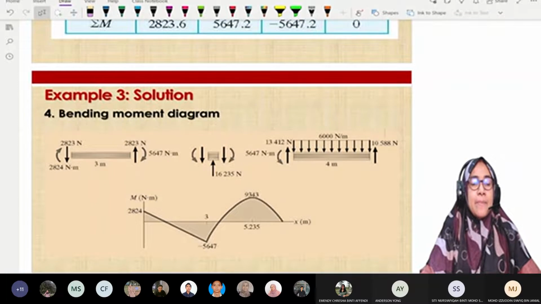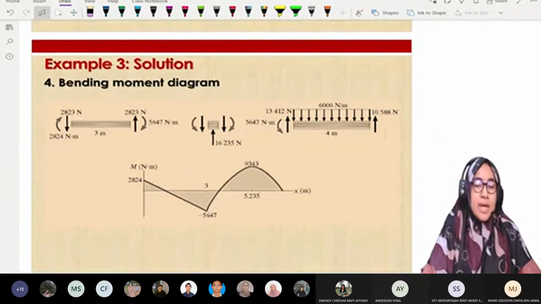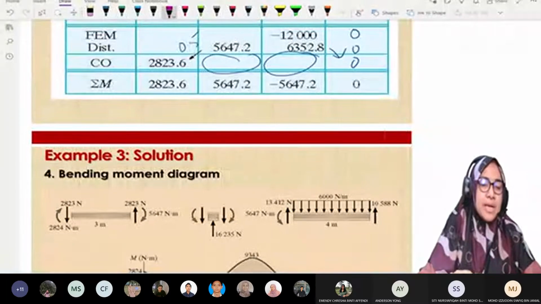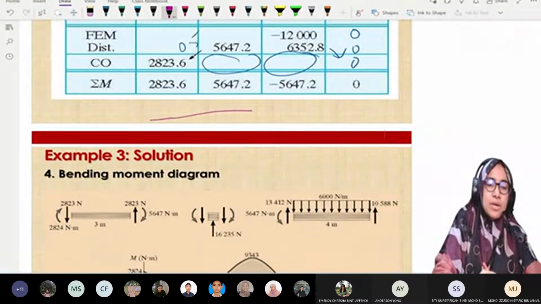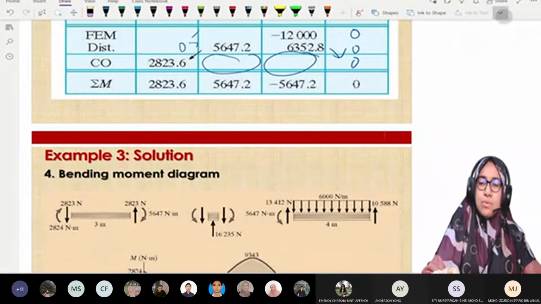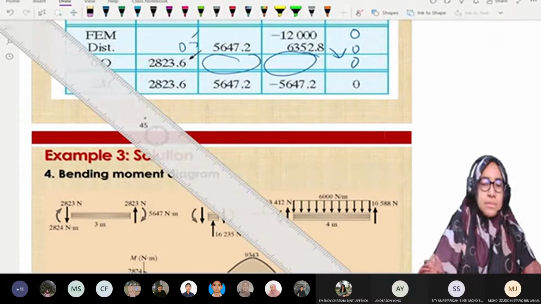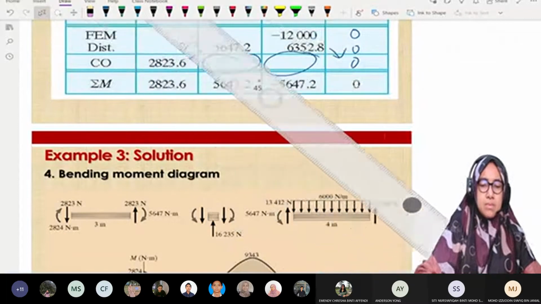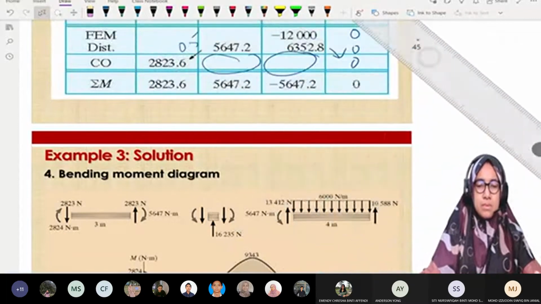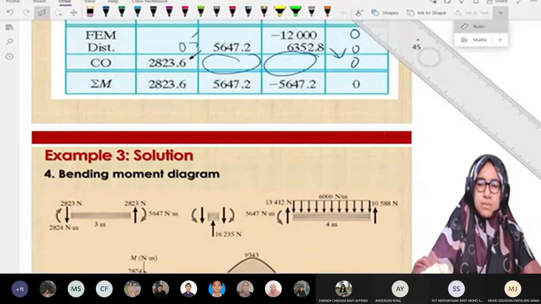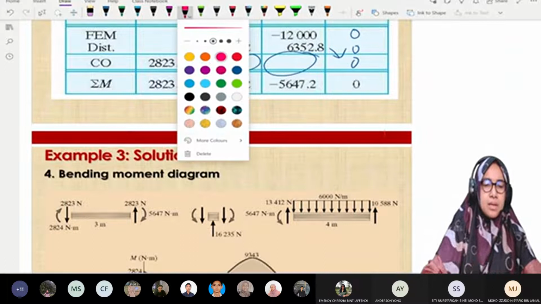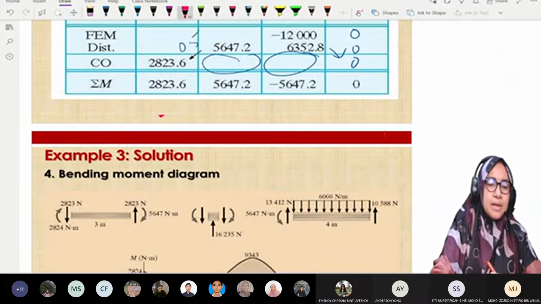Okay, so under bending moment diagram, okay, if we take this and we want to draw the bending moment diagram and shear force diagram, how we get this? So actually by looking at this diagram, at this answer, so we know that this one. Okay, doesn't matter. So yang ni kan, ini beam.